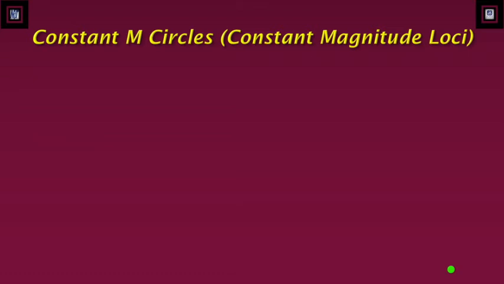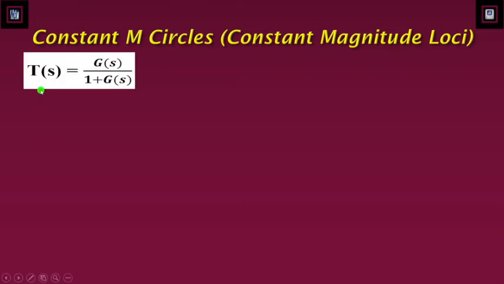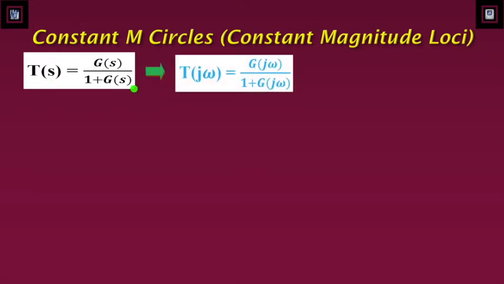Constant M circles, that means constant magnitude locus. Consider a unity feedback system with closed loop transfer function T equal to this. For the sinusoidal transfer function, replace s by j omega.